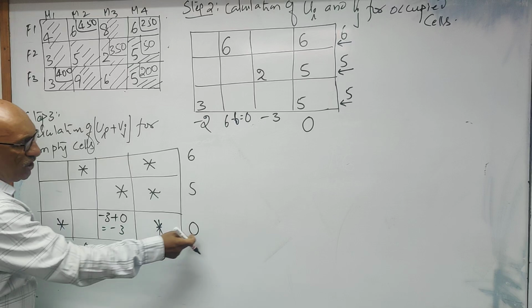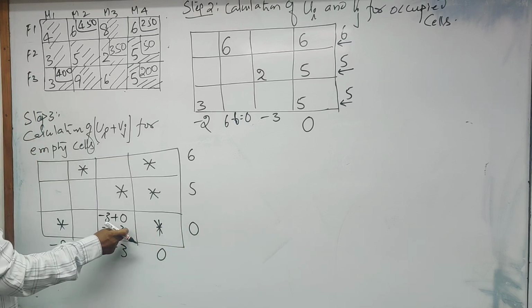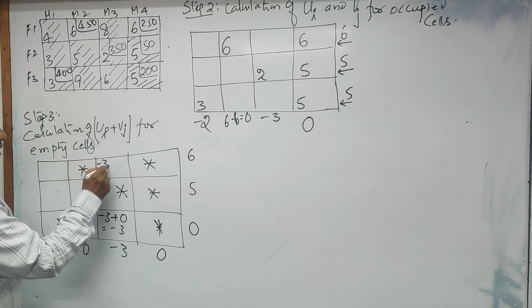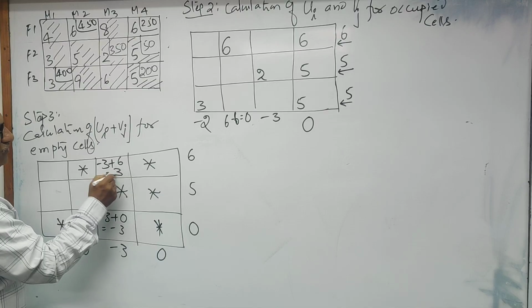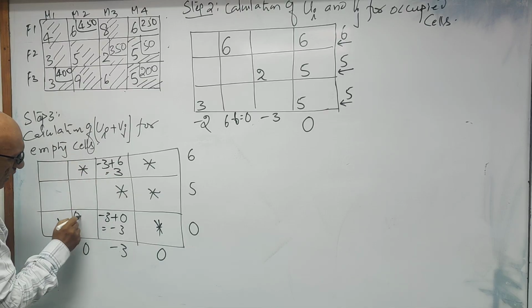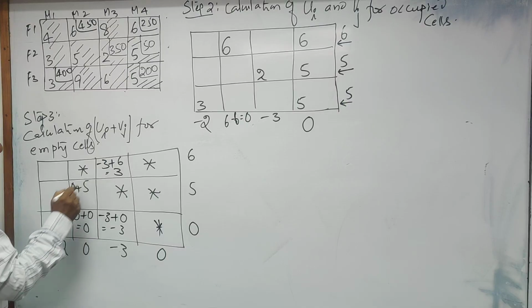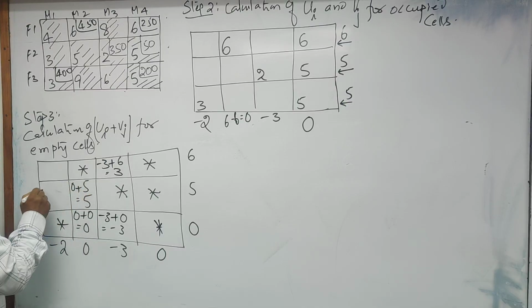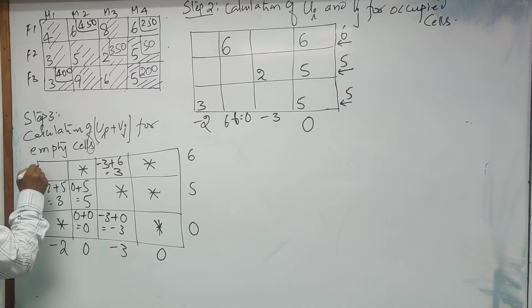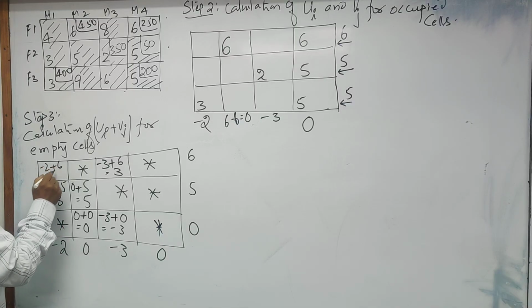This outer value added, and I am writing here. Minus 3 plus 6 is 3. 0 plus 0 is 0. 0 plus 5 is 5. Minus 2 plus 5 is equal to 3. Minus 2 plus 6 is 4.